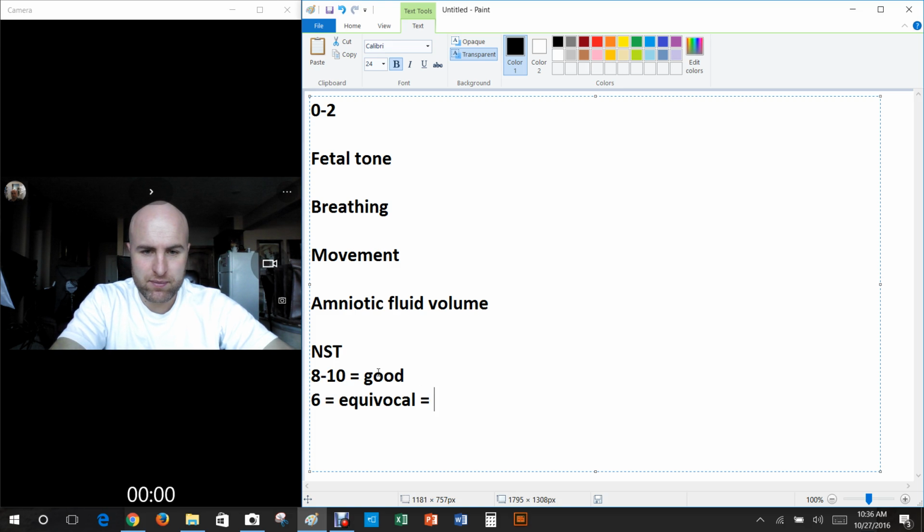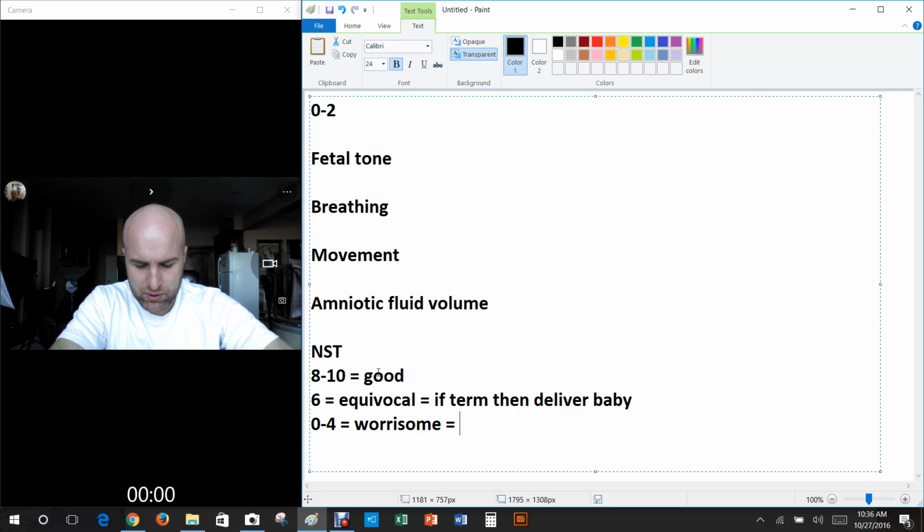So if term, then deliver baby. And then if we got 0 to 4 equals worrisome. And that means that we want to do an immediate delivery, if the baby can survive, even if it's premature.